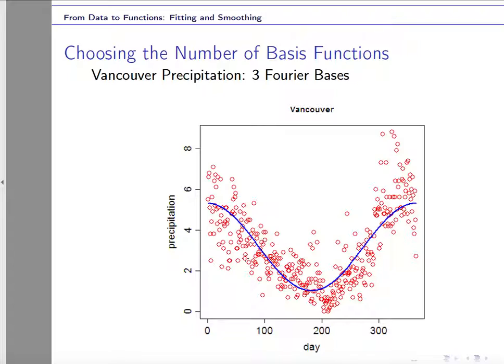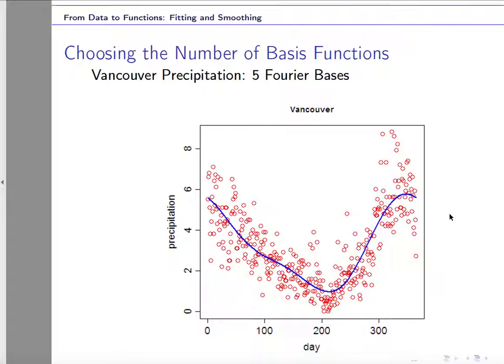This is the discrete daily precipitation data in the red circles. If we choose 3 Fourier basis functions, this is how the fit looks. Looks pretty good, right? It's pretty smooth and also captures the general trend well.